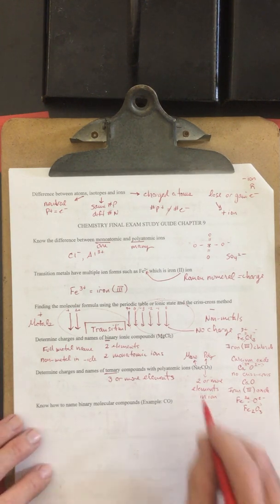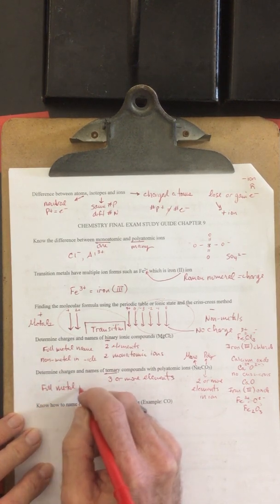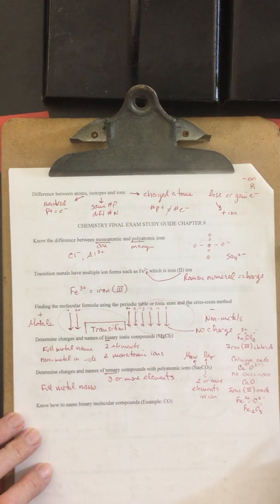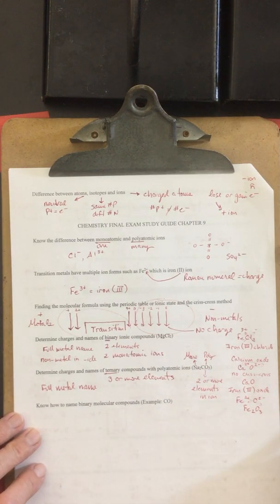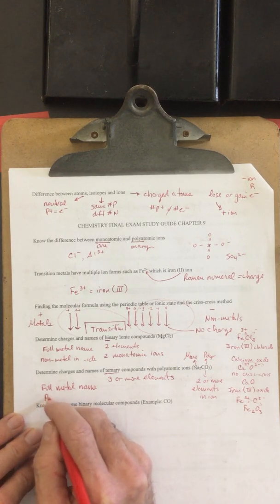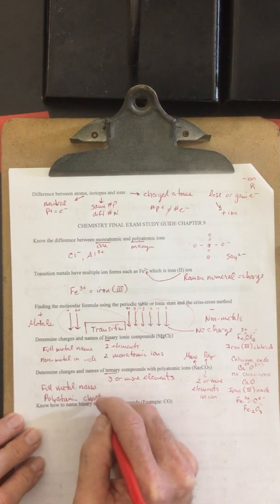In this case, it's going to get the full metal name. And also, you'll refer to the polyatomic chart. You'll look up CO3. It will tell you the name is carbonate.